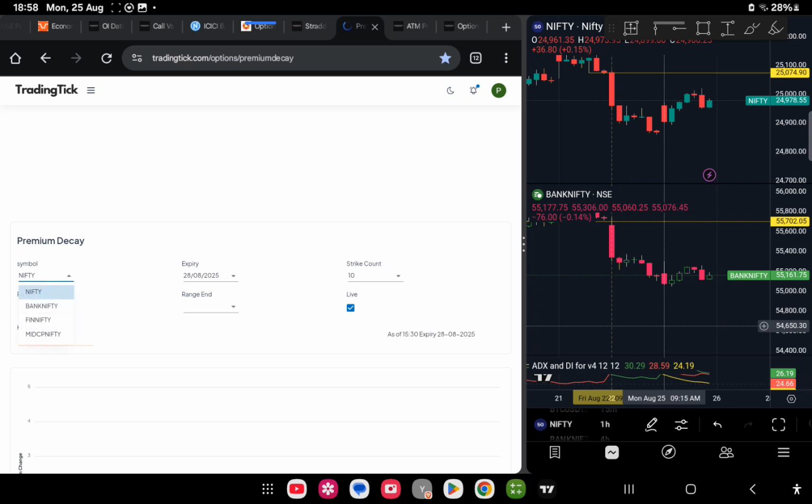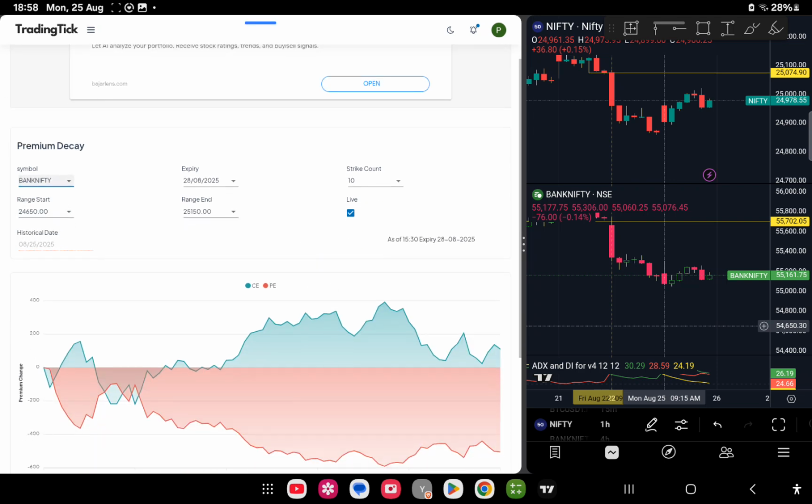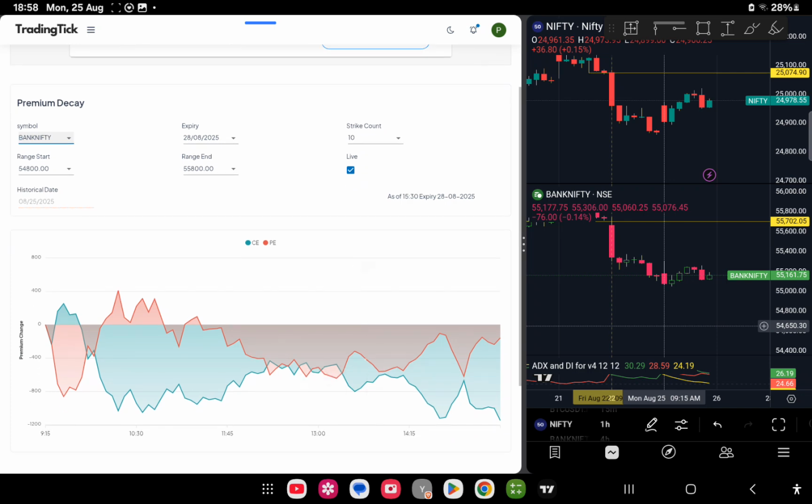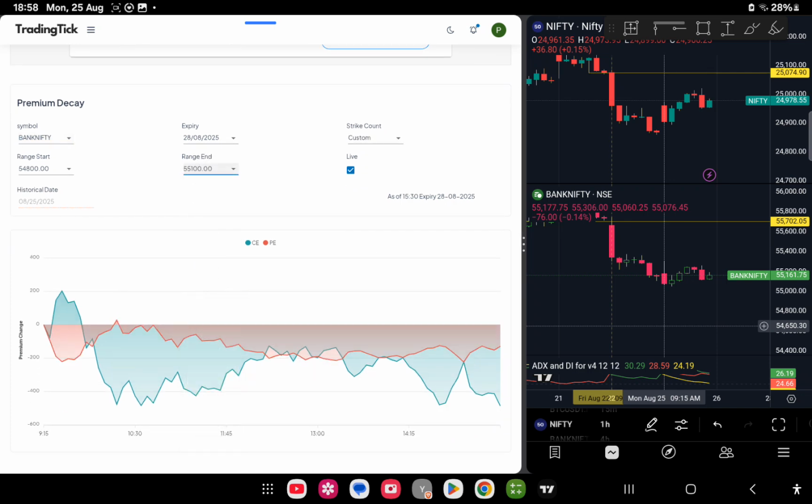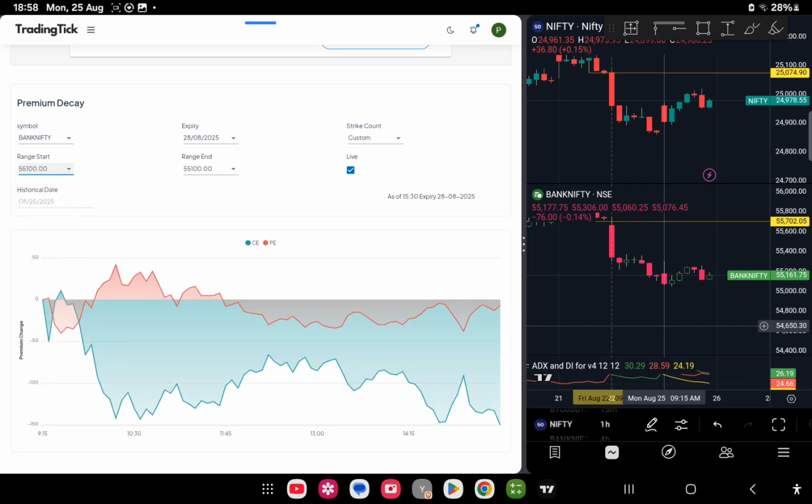So first we'll take Bank Nifty. Bank Nifty open was 55,000. I'm going to take the same strike, 55,000, for the start and end, and let's see what happens here. At the start, short straddle was winning, and after 10:30 you could see the decay was maximum here, definitely for short straddle.